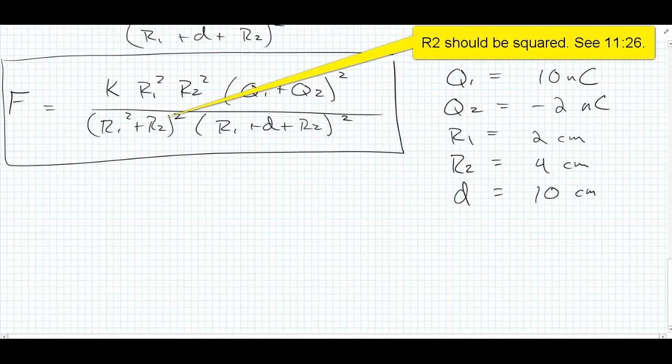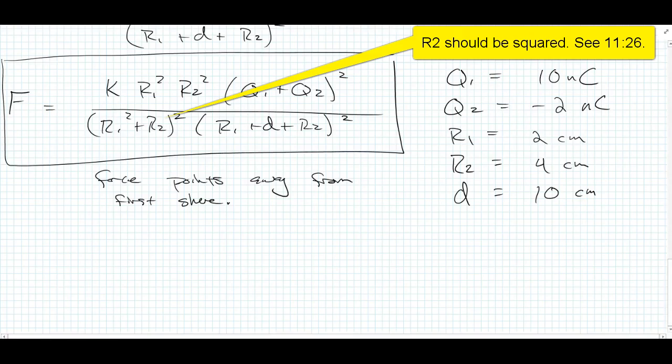But whatever the case is, we know that the two spheres are going to have the same sign on charge, so that means that the force is going to point away from the first, because they have the same sign of charge, and like charges repel. So there we have it. That is the force that is exerted on the second sphere.